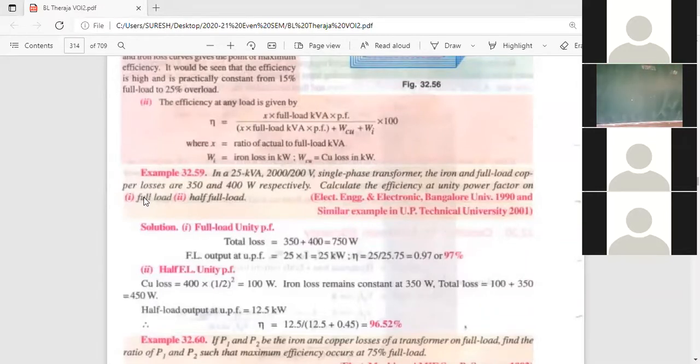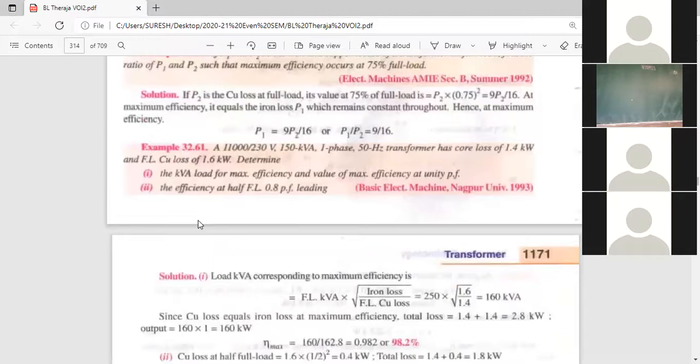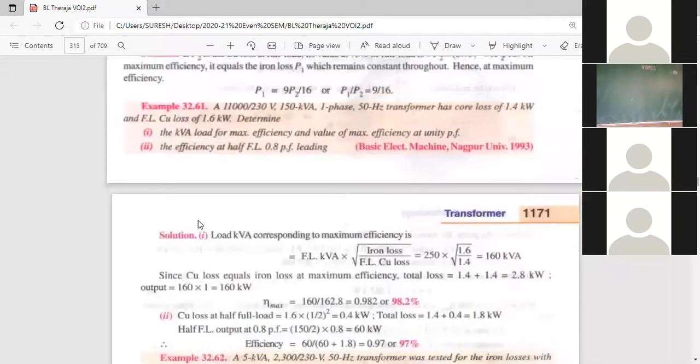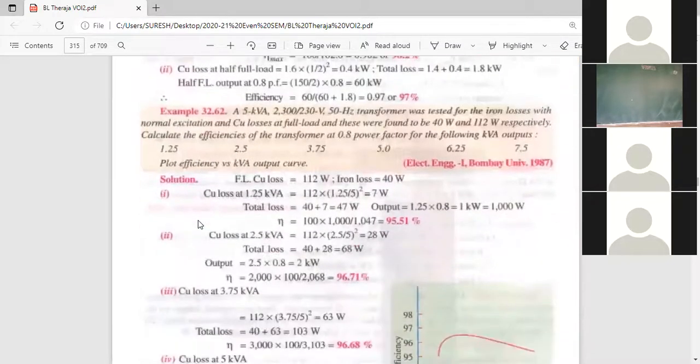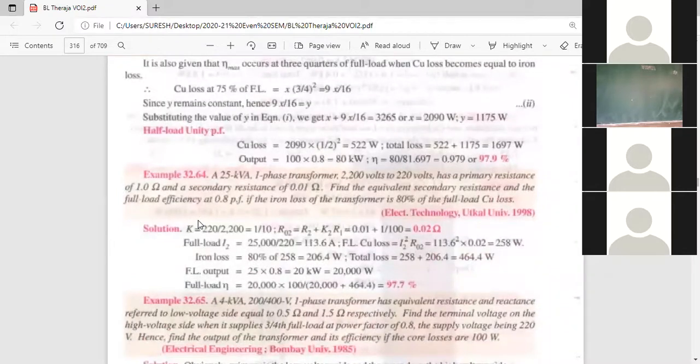We'll go to the next problem. Take down this problem, example 32.64.